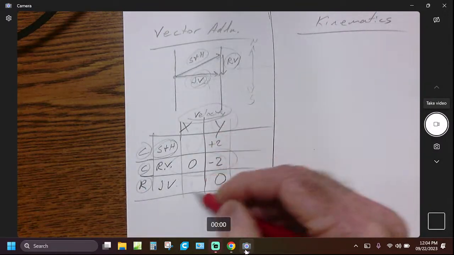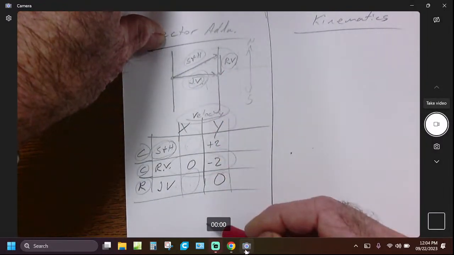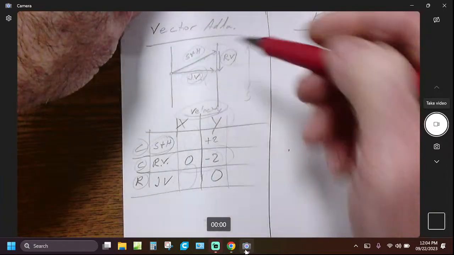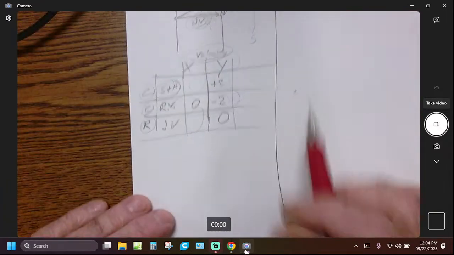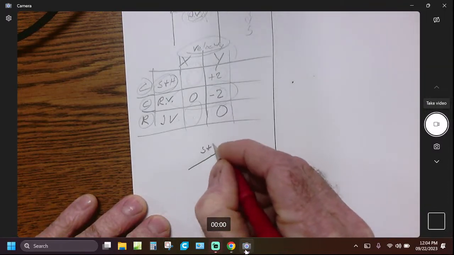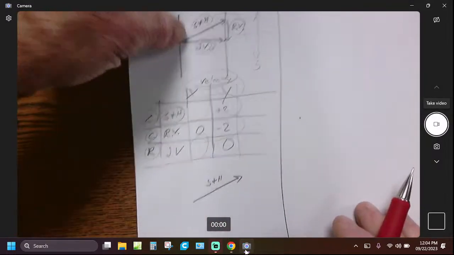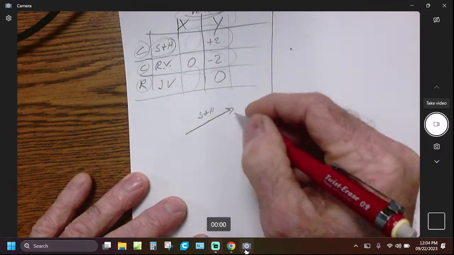So I want to fill out some other stuff, and to do that, I'm going to take this and draw it down here and do some stuff with it. And it's going to look a lot like this diagram, but a little bit different. So this is her speed and heading. And I want to get the x and y components, or at least I want to have a diagram showing the x and y components.